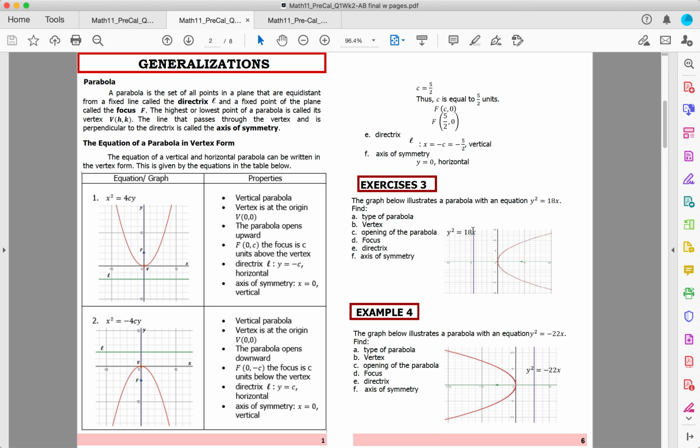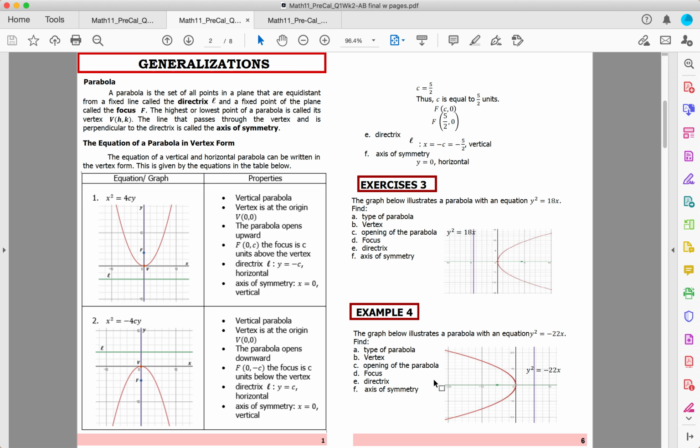X, because this line is crossing the x-axis at 4.5 on the negative side. You could also say x equals negative 9 halves. If you don't want the decimal value, you can have the improper fraction.